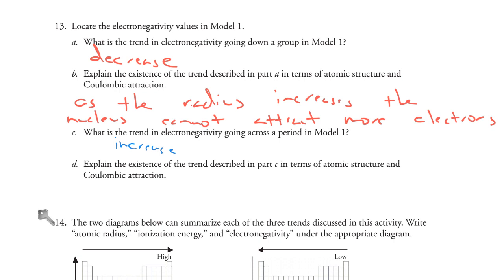So as we go to the right, we have a stronger nucleus, and we're not gaining energy levels. And when we do any sort of bonding, that bonding happens in the highest energy level of the atom.